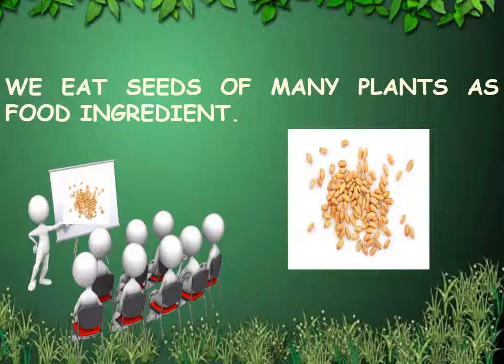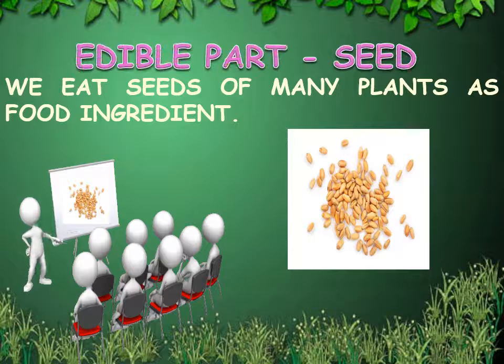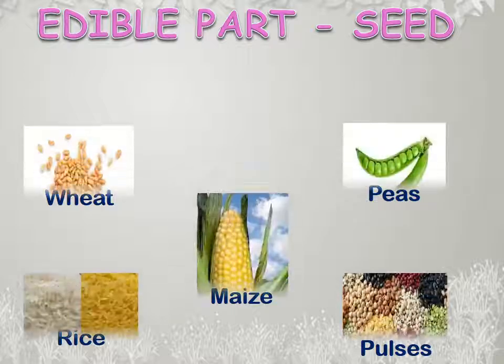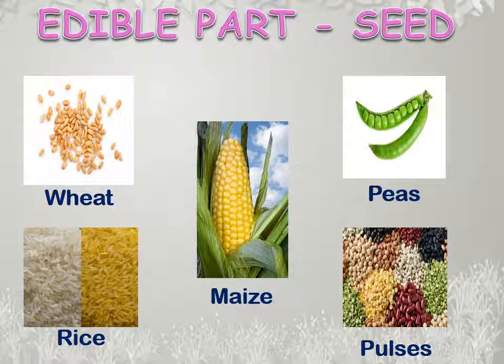We eat seeds of many plants as food ingredient. Some examples of edible seeds are wheat, rice, maize, peas and pulses.